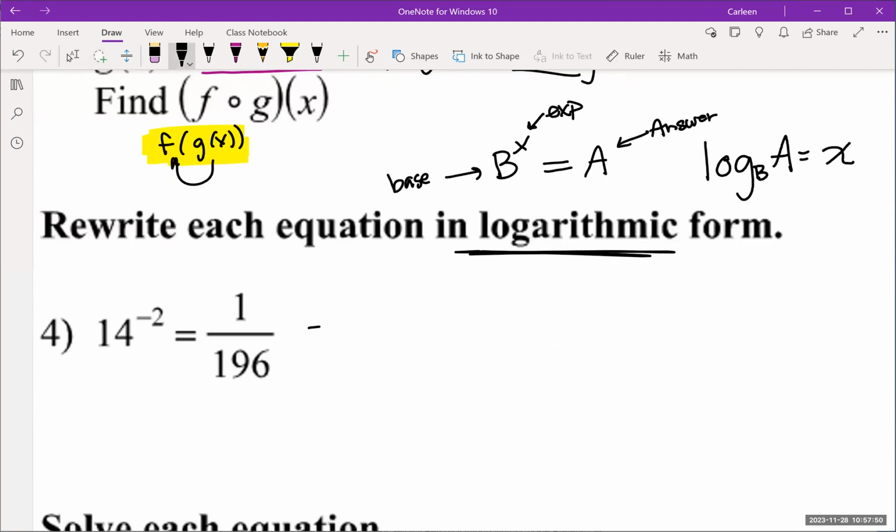Here we go. Everyone, log. What is the itty bitty subscript right there? The itty bitty subscript is all about the base, no trouble. The 14 goes there. Everyone see that? So right here is going to go what?